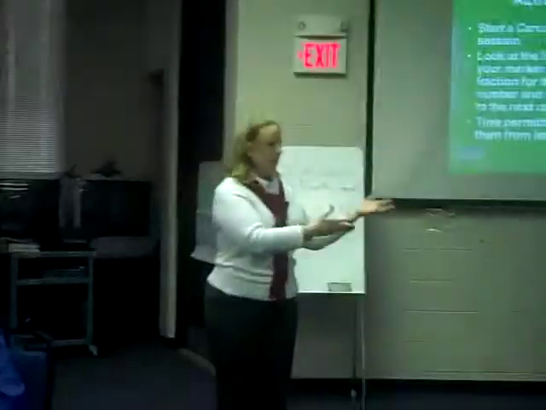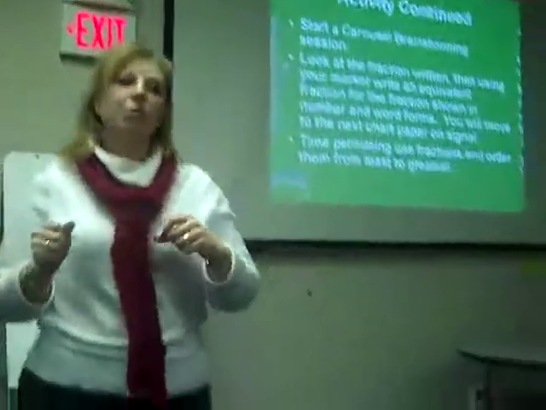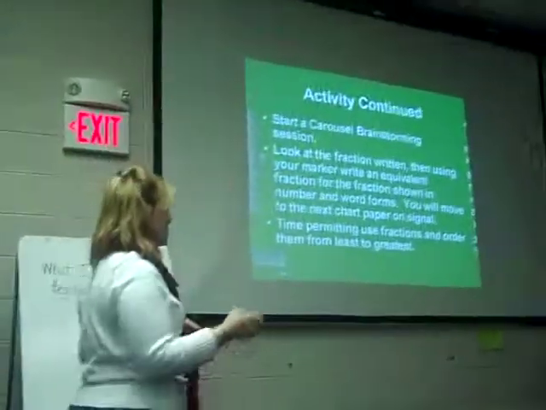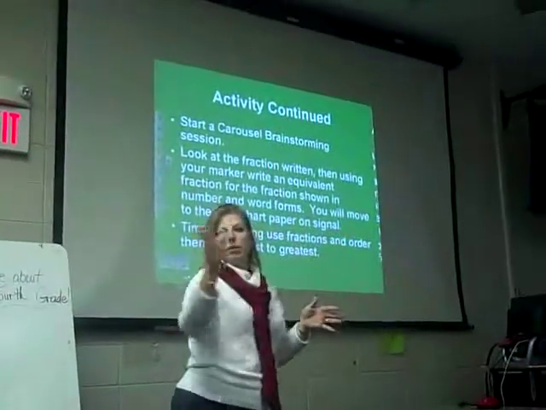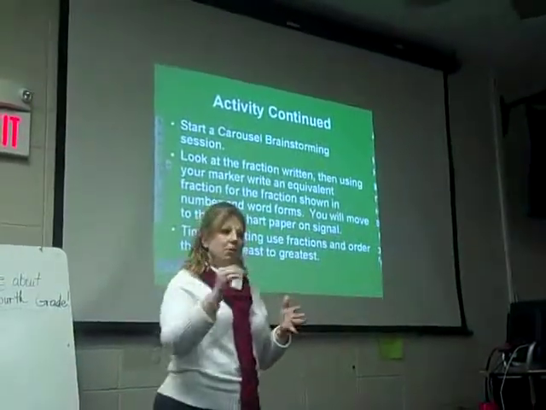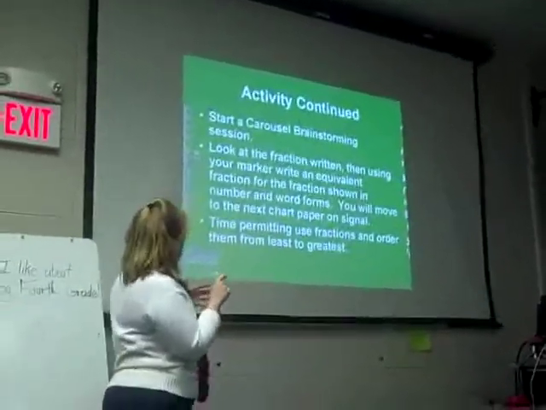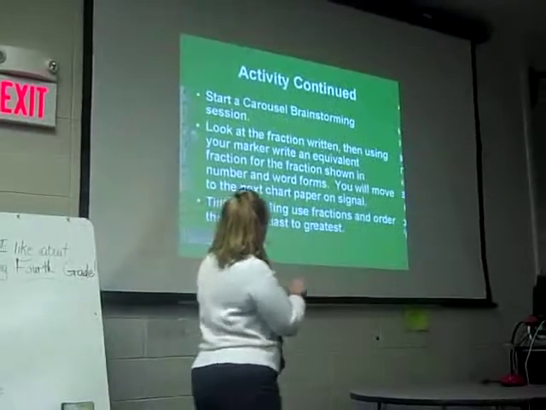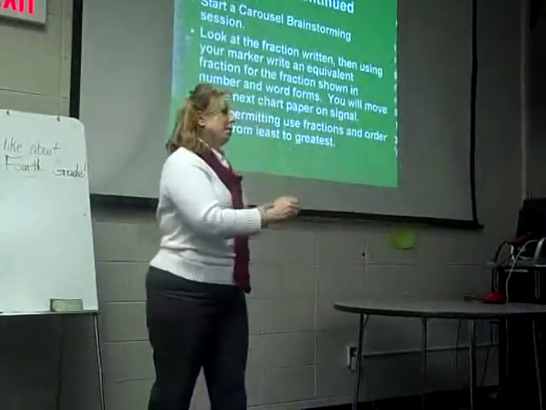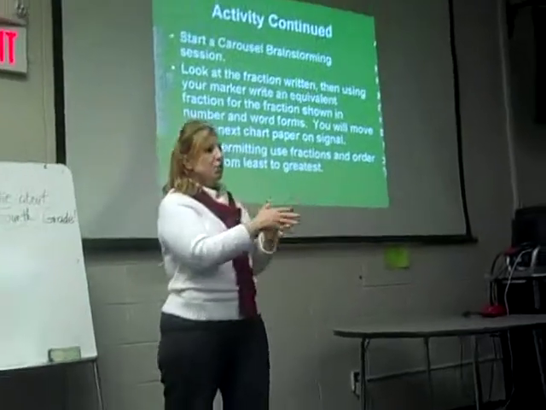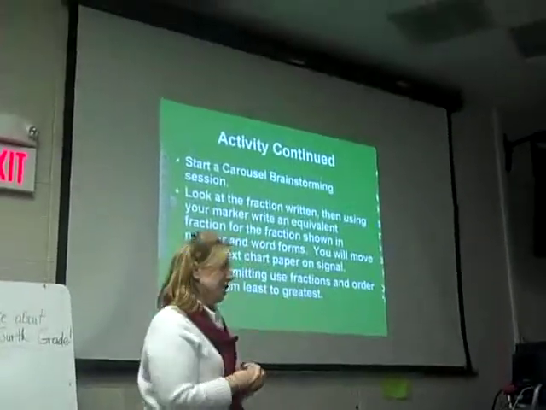So if you have pods set up in your room, you can have them hang up their chart paper around the room and then do a carousel brainstorming activity where you go to the different chart papers in your group and you write equivalent fractions, and then as an extension, depending on how much time you have, at the end you take the chart paper and the data and you order them from least to greatest, or greatest to least, and you do an extension with that.